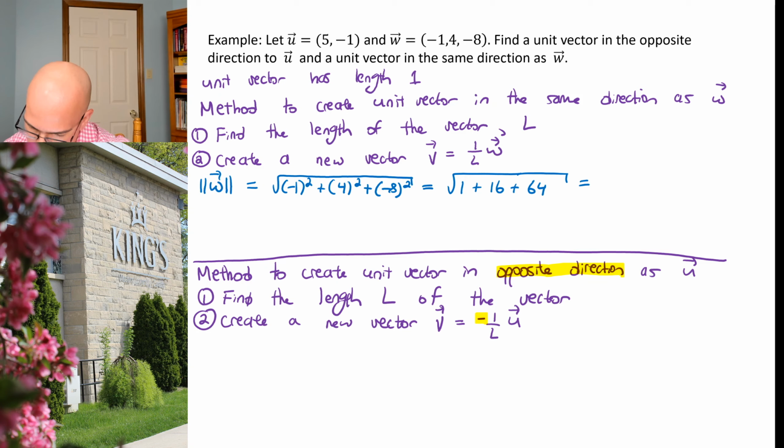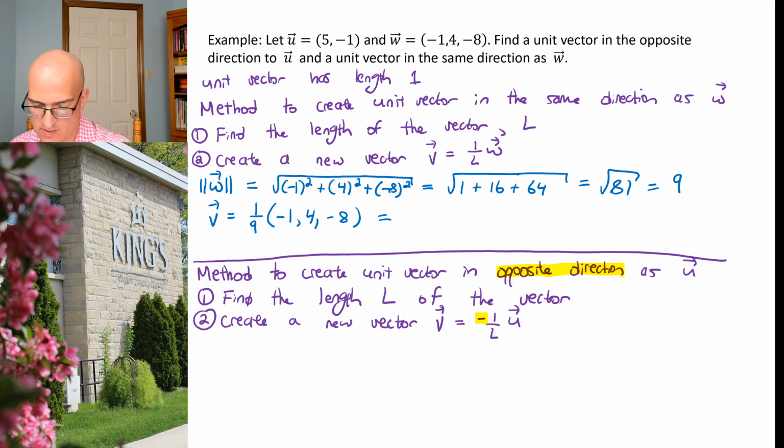Part 2: the new vector V is equal to 1 over 9 times the old vector, minus 1, 4, minus 8, which we multiply into each of the components. Minus 1 over 9, positive 4 over 9, minus 8 over 9. That's our answer.